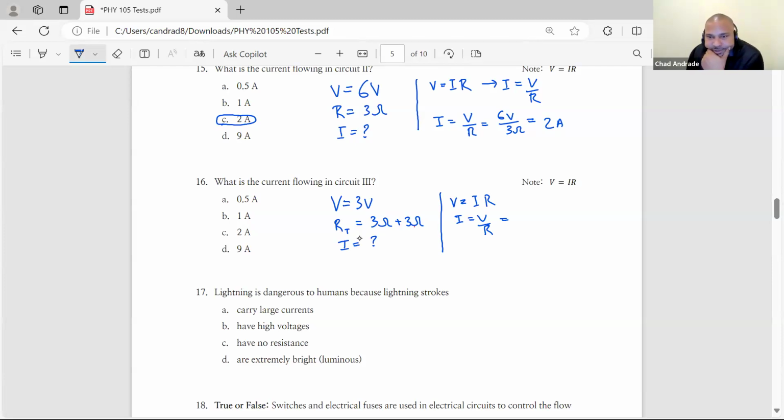The voltage is 3 volts. The resistance is 2 light bulbs, so it's 6 ohms. And this is the reason, by the way, why this circuit has the dimmest bulb, because it has the smallest current. The current flowing in this circuit is 1/2 of an ampere, or 0.5 amperes, and that would be A.